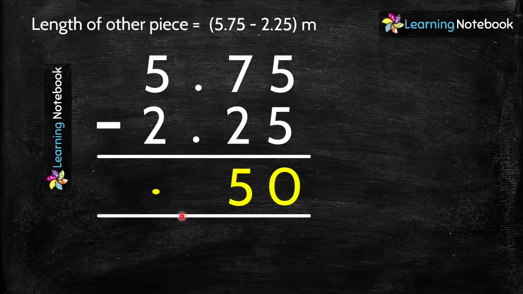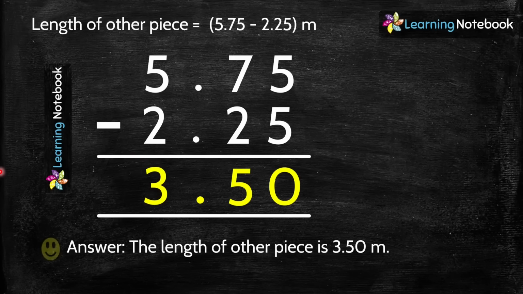Now put the decimal point in the answer and then subtract the whole number part. 5 minus 2 equal to 3. So answer is 3.50. We will write the answer statement. The length of the other piece of the rope is 3.50 meters.